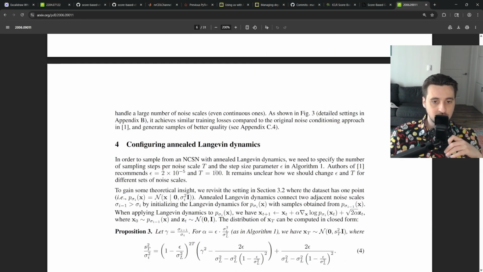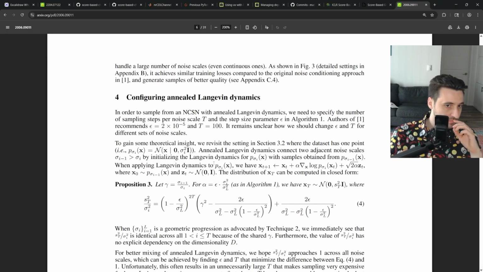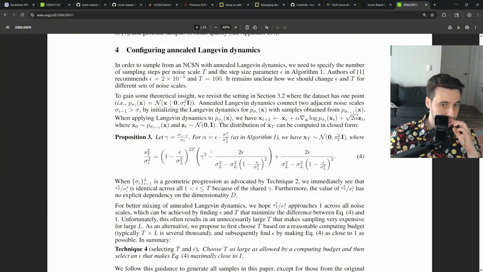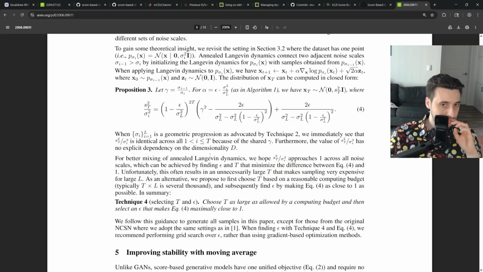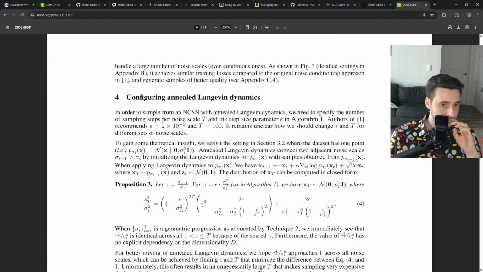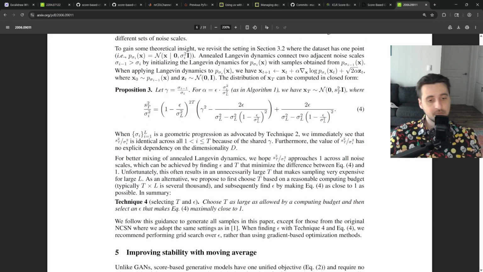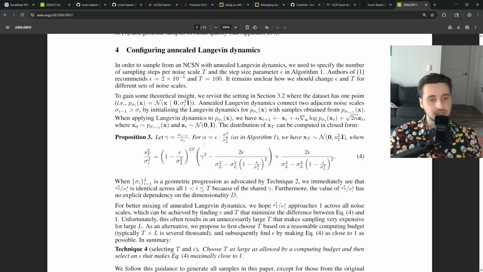This is the one: configuring Annealed Langevin dynamics. So gamma is the sigma decay, and alpha is epsilon times this one. Select an alpha that makes equation 4 maximally close to 1. Select an epsilon.